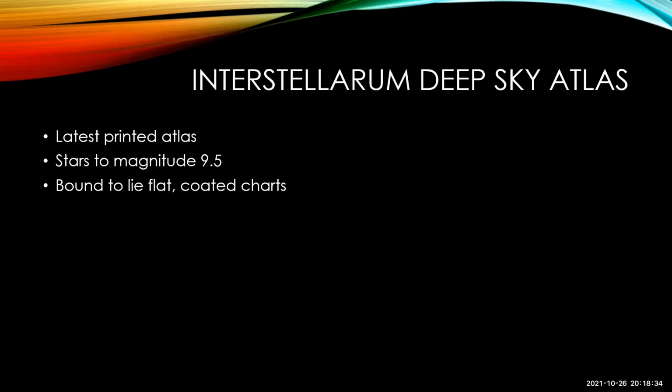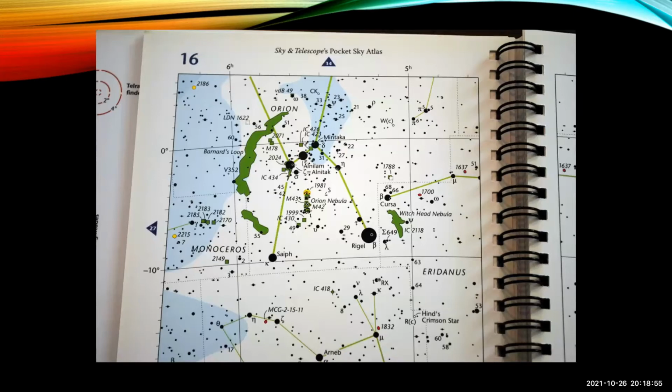The one I tend to use most now is the Interstellarium Deep Sky Atlas. This is the newest of the ones I'm going to show you. Phyllis wanted to highlight something on the Pocket Sky Atlas: if you go back one page and look toward the left-hand margin, you'll see these red circles.